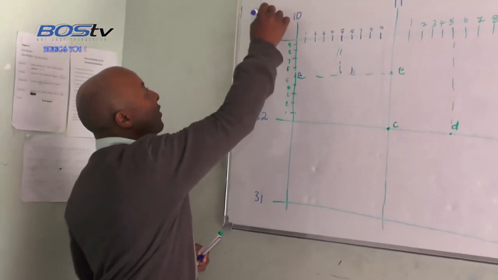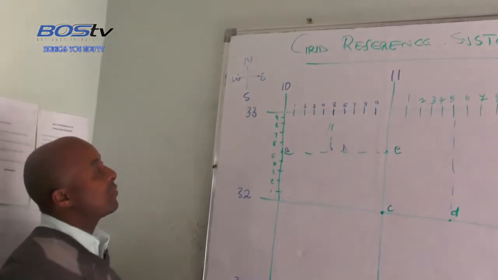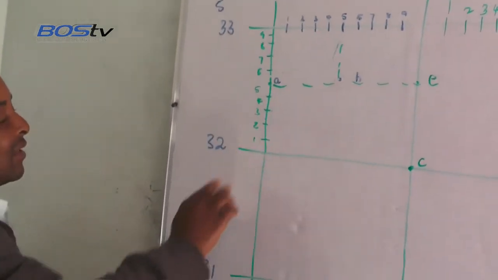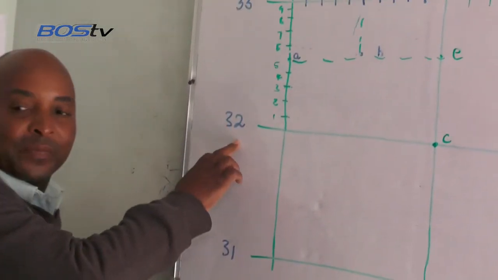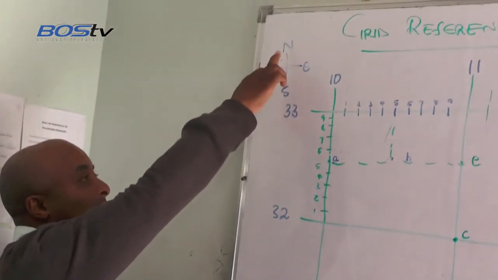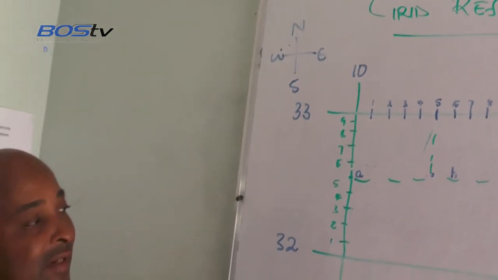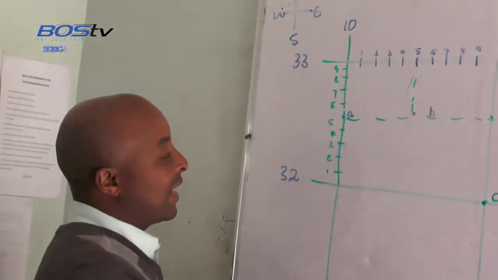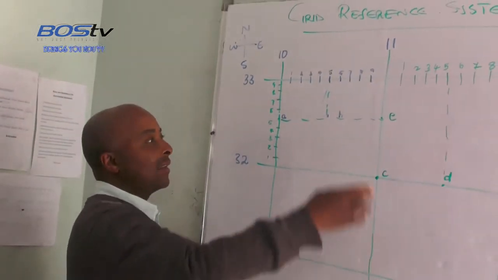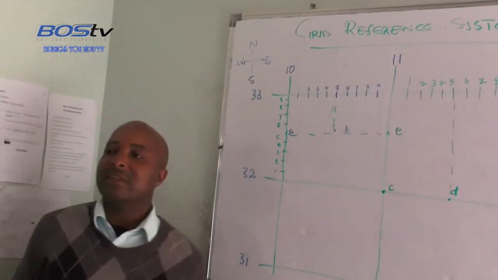If we draw our compass points, our compass points are like this. Then if you look at these horizontal lines, this is 31, this is, where are we going according to the direction? That's why they are called Northings, isn't it? If you look at the vertical lines, where are we going? That's why they are called Eastings.